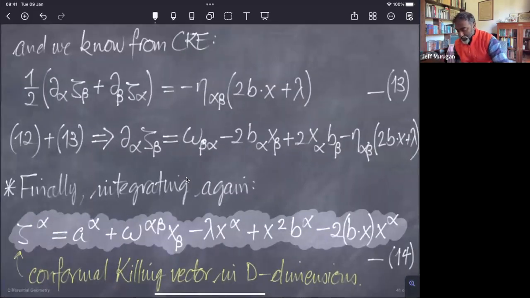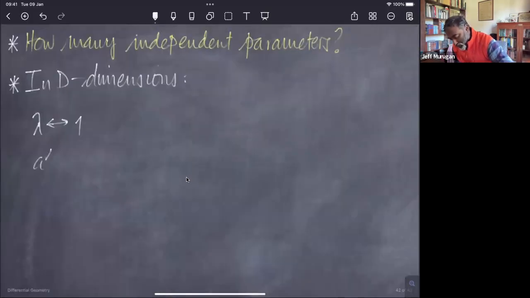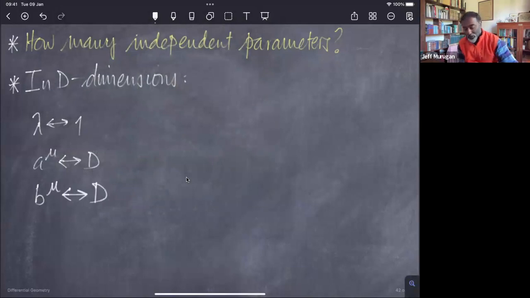We have this a^μ constant here, and in d dimensions, the index gives me d possible numbers. So a^μ corresponds to d such numbers. Then I have this vector b^μ, and b^μ also corresponds to d numbers. It's a d vector in d dimensions.